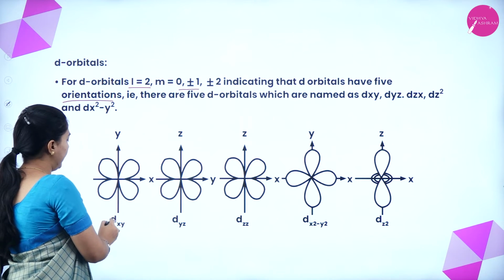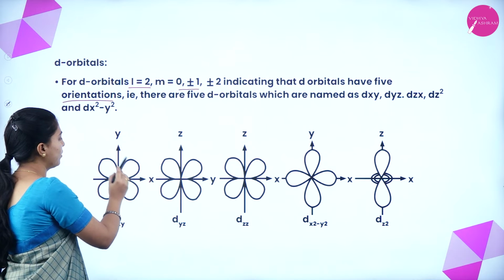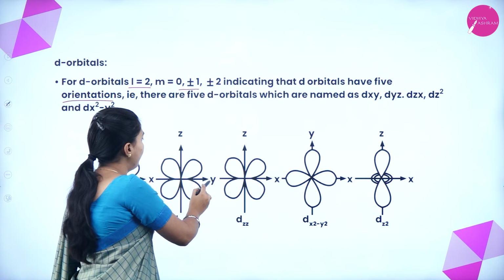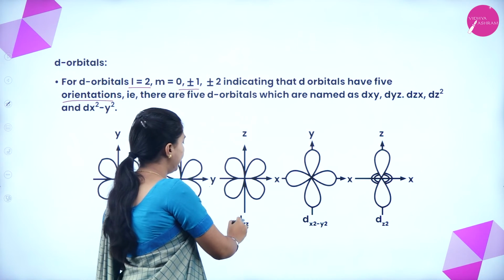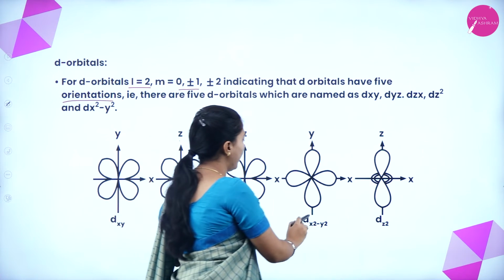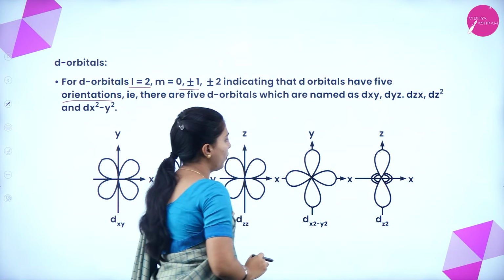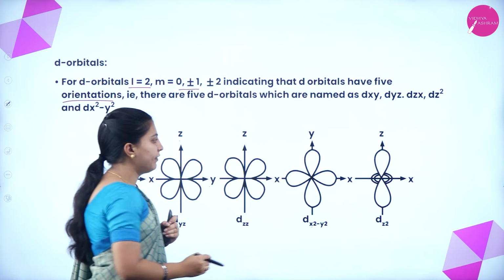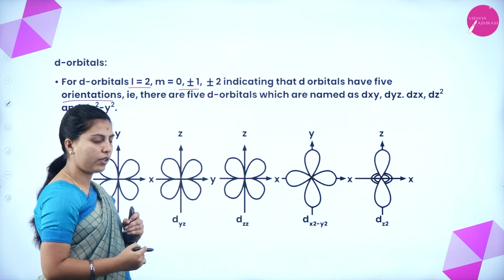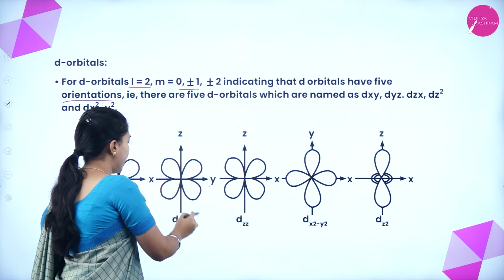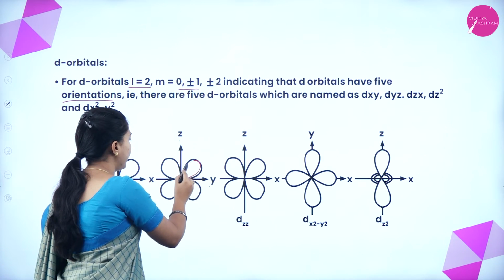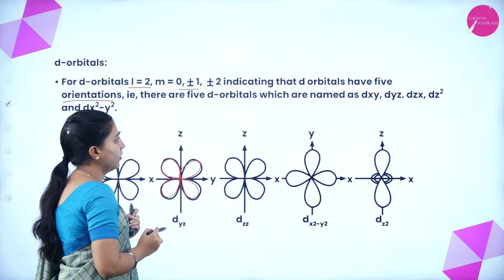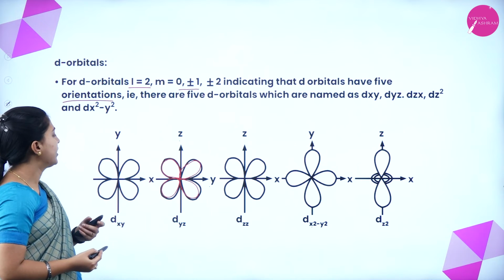This is dxy, that's why dxy, dyz, dxz and x square minus y square. Here dz square will be in a ring shape. Overall, this looks like a double dumbbell shape. 1 dumbbell, 2 dumbbell, like double dumbbell shaped.